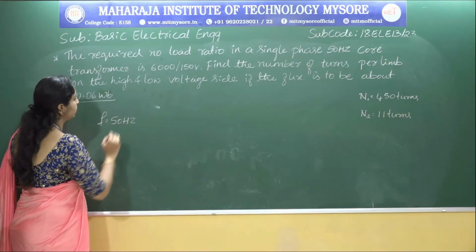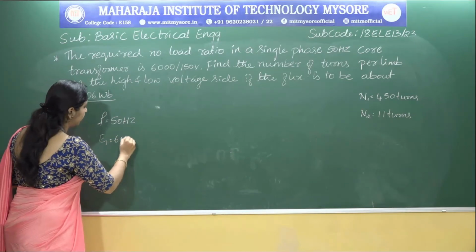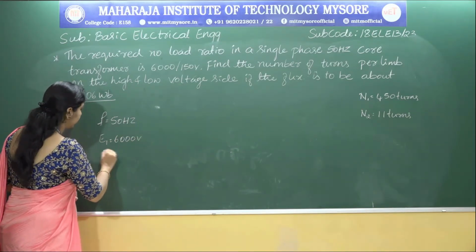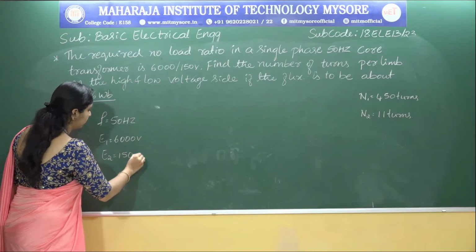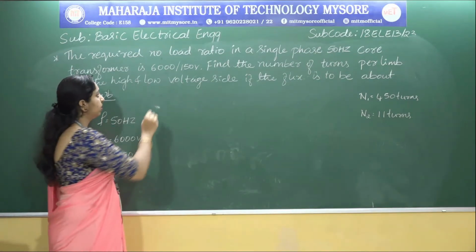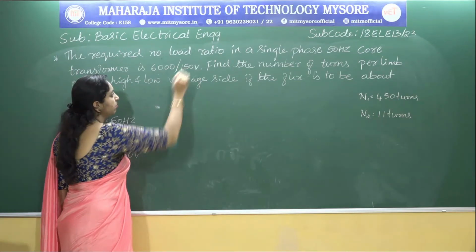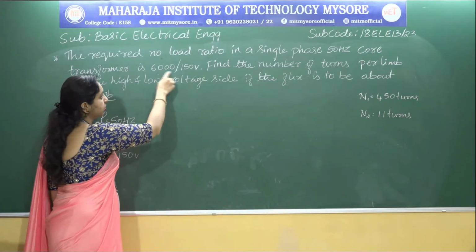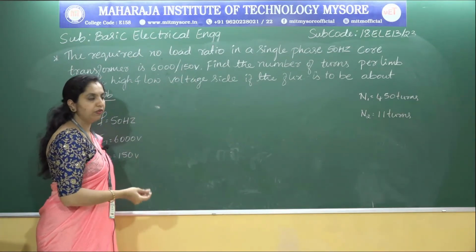That is, E1 is equal to 6000 volts and E2 is equal to 150 volts. Remember, when they provide two values with a slash in terms of volts, the first one is E1 or V1 and the second value is E2 or V2.